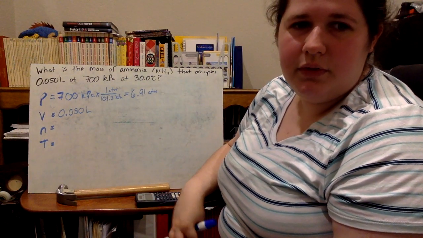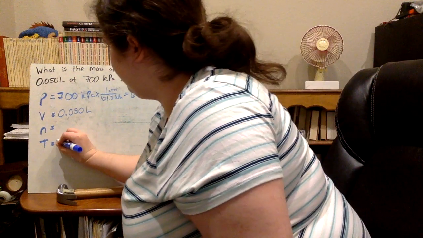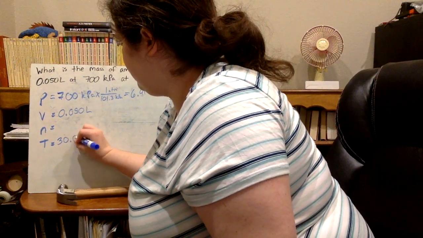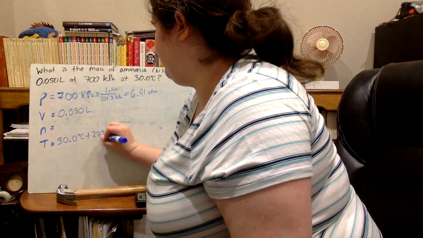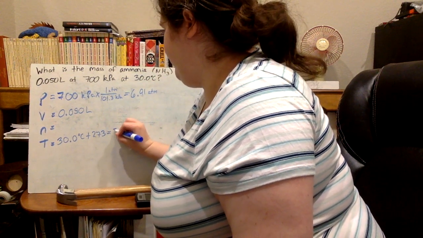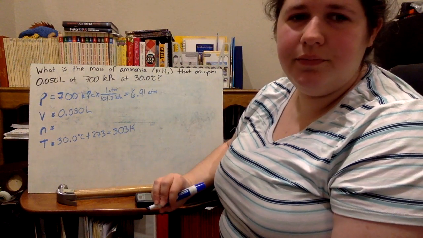Okay. Our T value, 30 degrees Celsius. Got to change that to Kelvin. And I'm just rounding it off to 303 Kelvin.